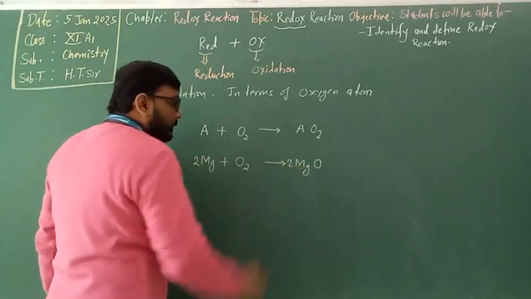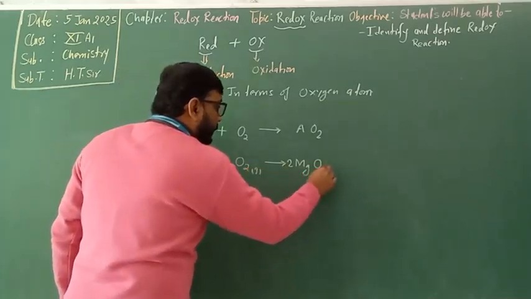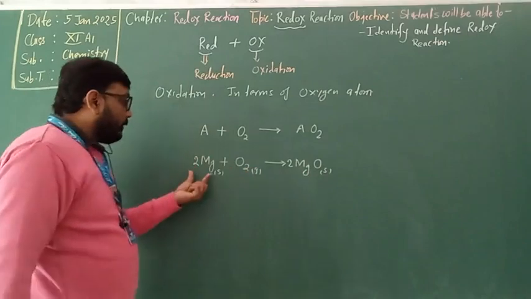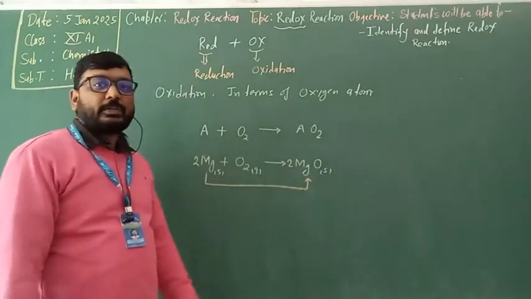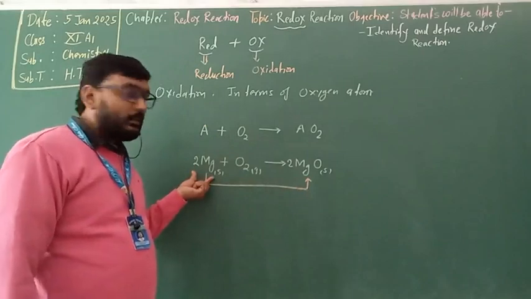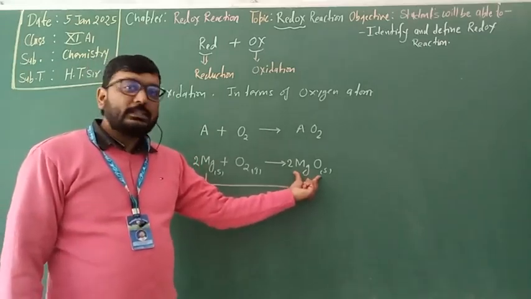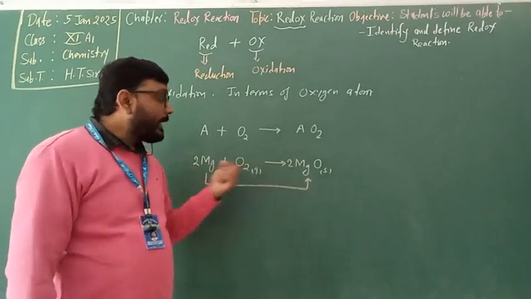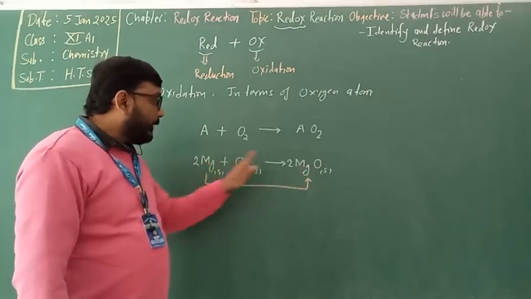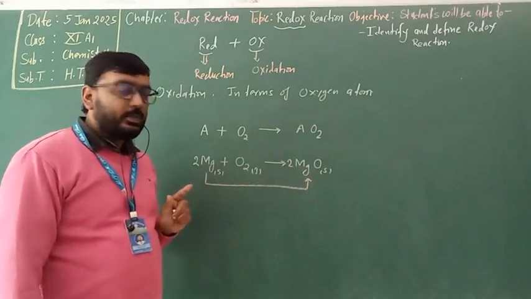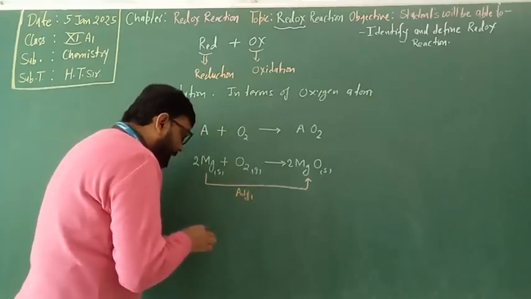This is a solid, this is a gas, and this is a solid. Here look at what changes we observed when magnesium gets changed into magnesium oxide. Here there is no oxygen, but when you look to the right side in the magnesium oxide formula, there is oxygen present with the magnesium. So what happened? Magnesium, when changed into magnesium oxide, here we observe the addition of oxygen.